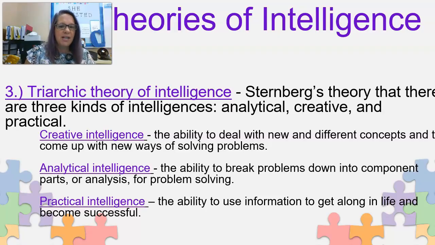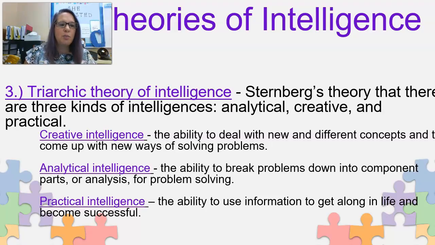Our creative intelligence is our ability to come up with new and novel solutions to problems. Analytical intelligence is being able to break down a big problem into its smaller component parts and thereby solve that problem. I always think mathematical when I think of analytical intelligence.